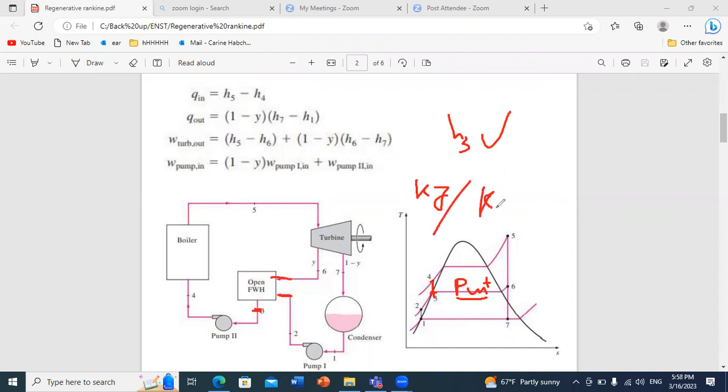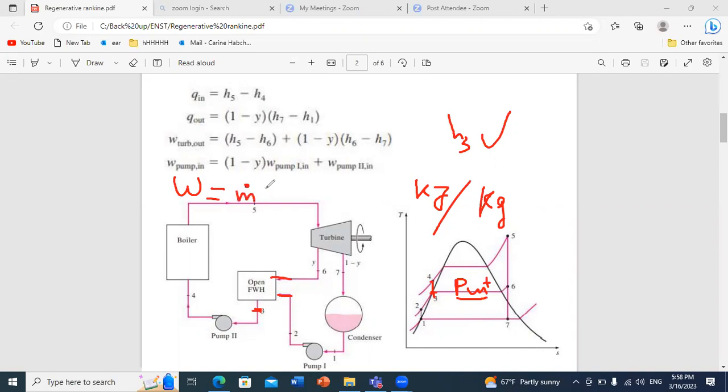But if we want to find the value in kilojoule, we should multiply by the mass, because in general big W is m dot times small w.